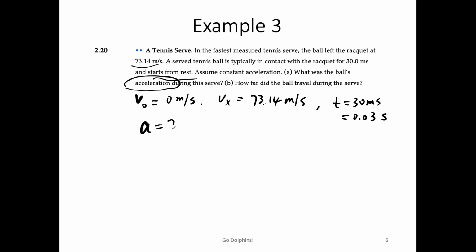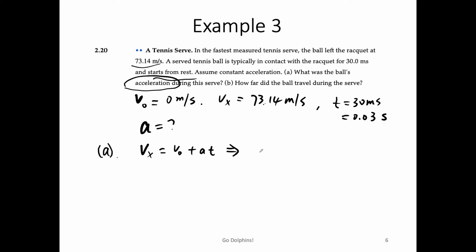So you need to check those five equations, which one has these four variables: initial velocity, final velocity, t, acceleration. I think the first one has everything, right? Final velocity equals initial velocity plus at.